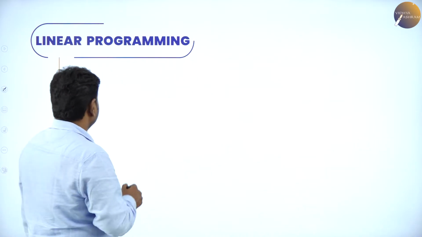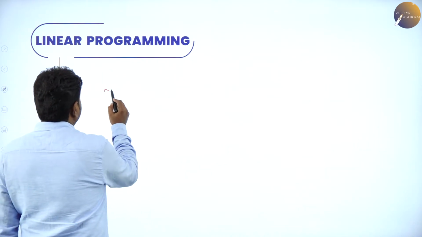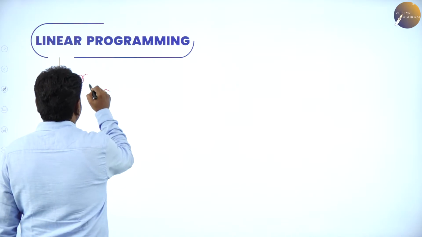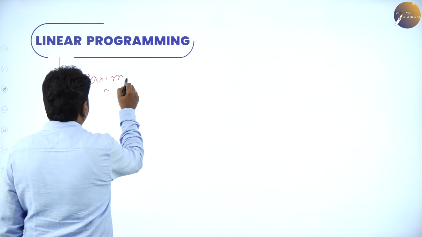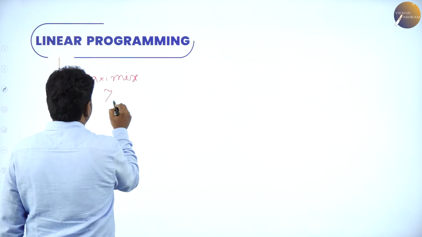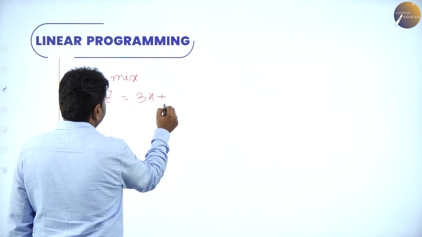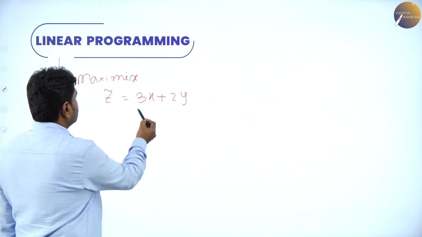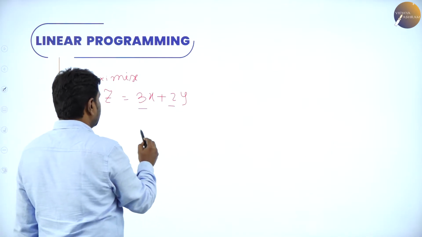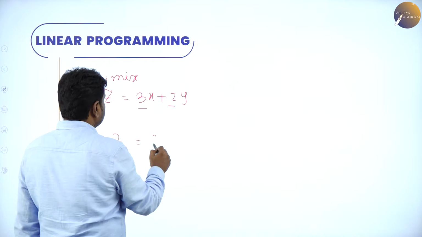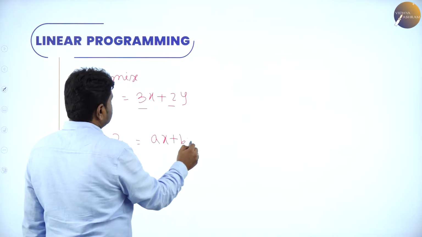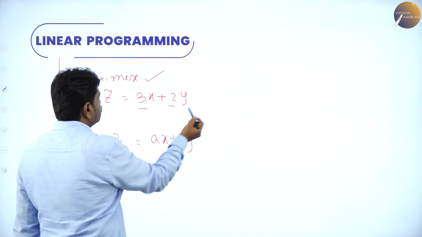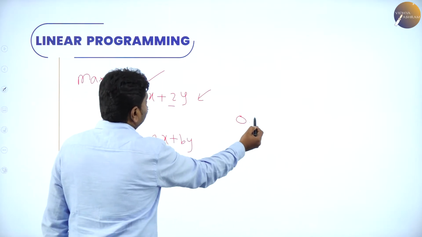For example, they'll ask like this: maximize z is equal to 3x plus 2y, or sometimes indirectly, maximize the profit. Here 3 and 2 are a and b. So this is in the form ax plus by, and they're asking you to maximize. So this is the objective function.